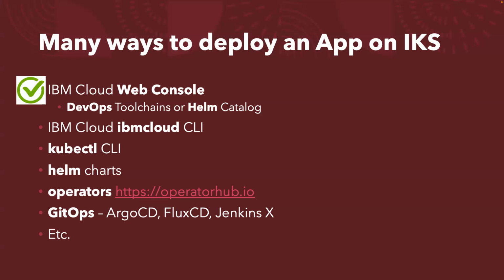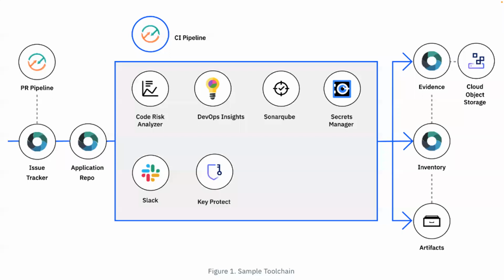So today I'm going to focus on how to use the DevOps way, using DevOps toolchains to deploy an application on IKS. Here is a sample diagram to show you. Typically in the toolchain, you've got multiple tools, fully integrated together from the IBM Cloud Console. With just a few clicks, you can have the CI/CD pipeline created and connected to your source repository.